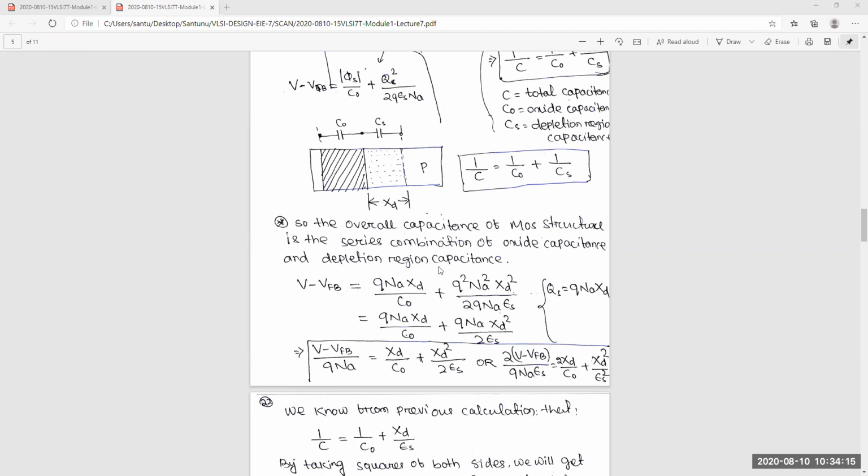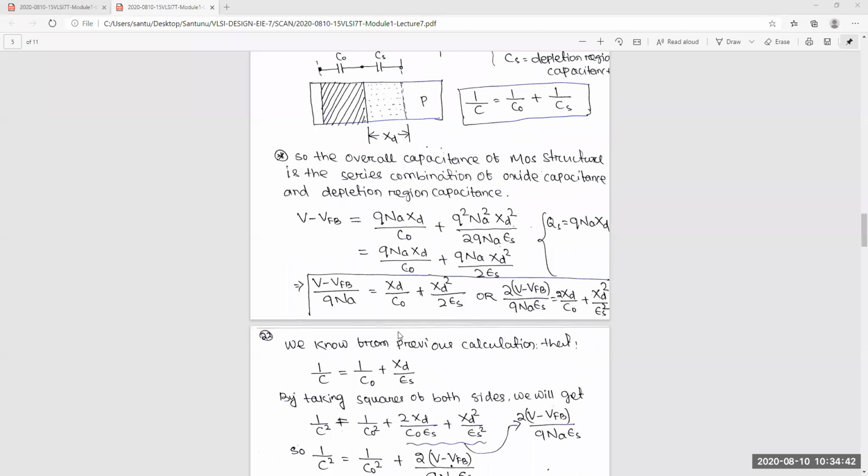So in place of Qs, you can put q Na Xd. You can simply square this term, q square Na square Xd square, where Qs is equal to q Na Xd. Now you will simplify this. Finally you will get V minus VFB by q Na is equal to Xd by C0 plus Xd square by epsilon s. If you take epsilon s to this side, you will get this type of thing.